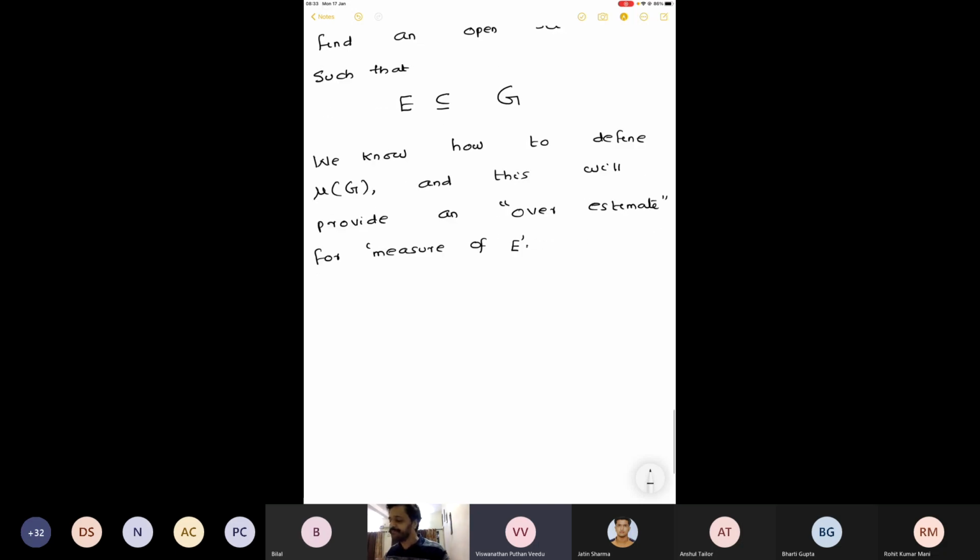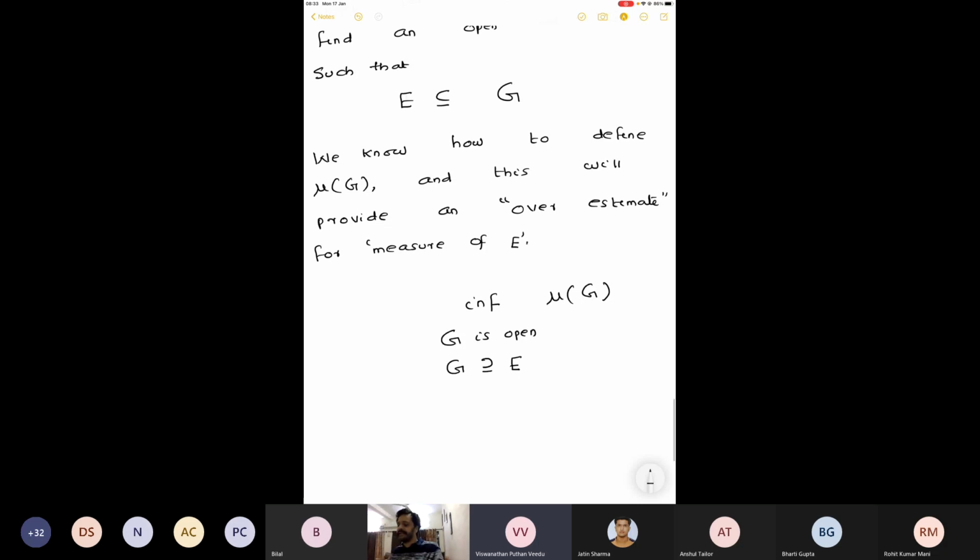It should be the smallest open set containing E. In other words, you take the infimum of mu of G, where G is open and G contains E.